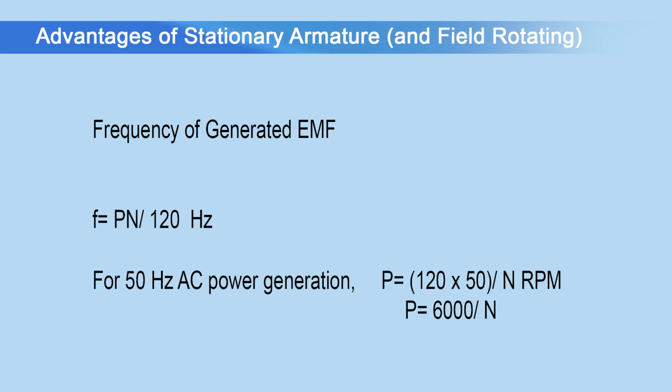It can be calculated by P is equal to 120 into 50 divided by N, where N is in RPM. So, 6000 divided by N. If we want to generate AC power of a certain frequency, we have to take care of the balance between the speed of rotation and the number of poles.